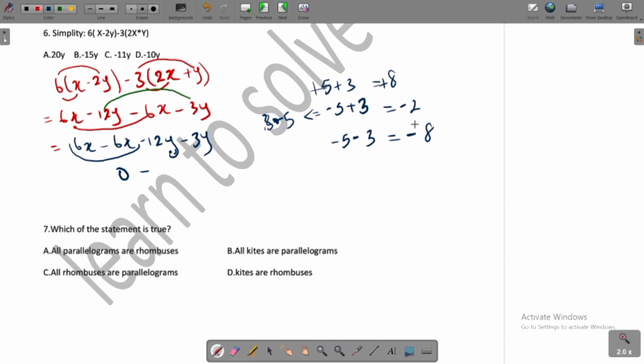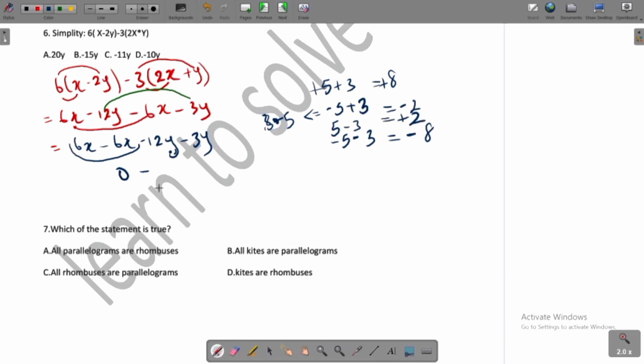But if you are adding two numbers and the bigger number has the positive sign, while the smaller number has negative, so you have 5 minus 3, your answer will be a positive value.